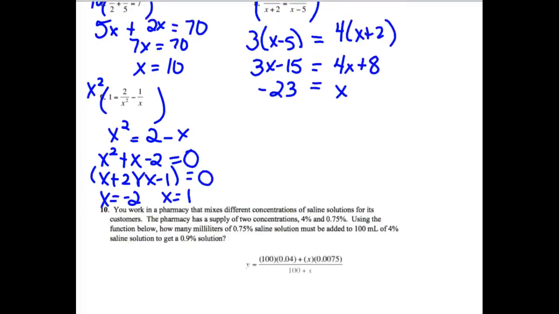Okay. Our last question deals with a mixture problem. Now, we've given you the setup for it, but we're going to talk through how you would create it if we don't give you that formula. For all of our mixture problems, we typically start out with some amount, usually milliliters, liters, something like that. Some amount of a liquid and some kind of concentration.